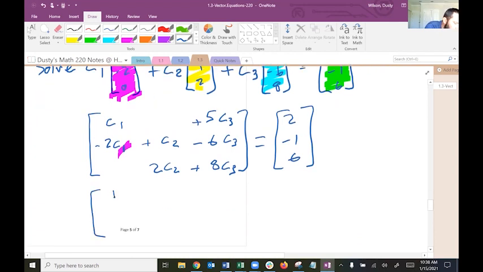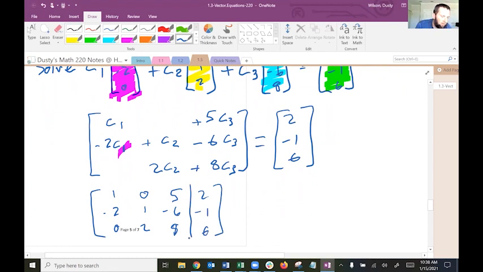I'm hoping you see that this gives you 1, negative 2, 0, 0, 1, 2, 5, negative 6, 8, and then 2, negative 1, 6. Like that. People see the connection? And so, good news, you've done all the hard work, so now let's use our Texan friend.